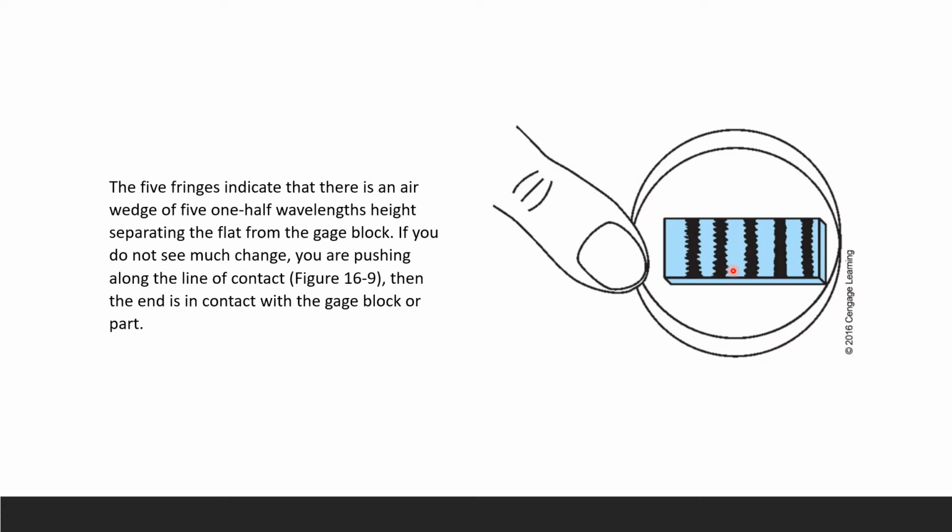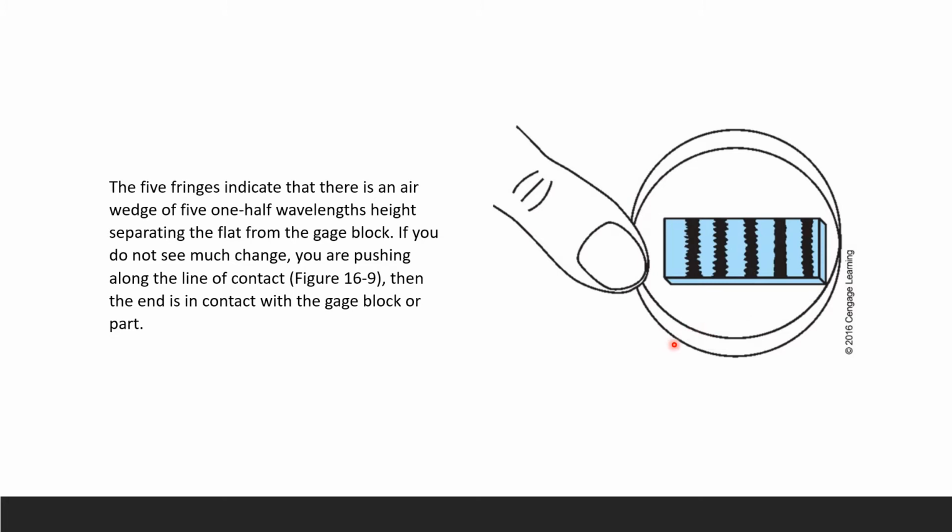If you do not see much change, you're pushing along the line of contact, and the end is right here in contact with the gauge block or part.